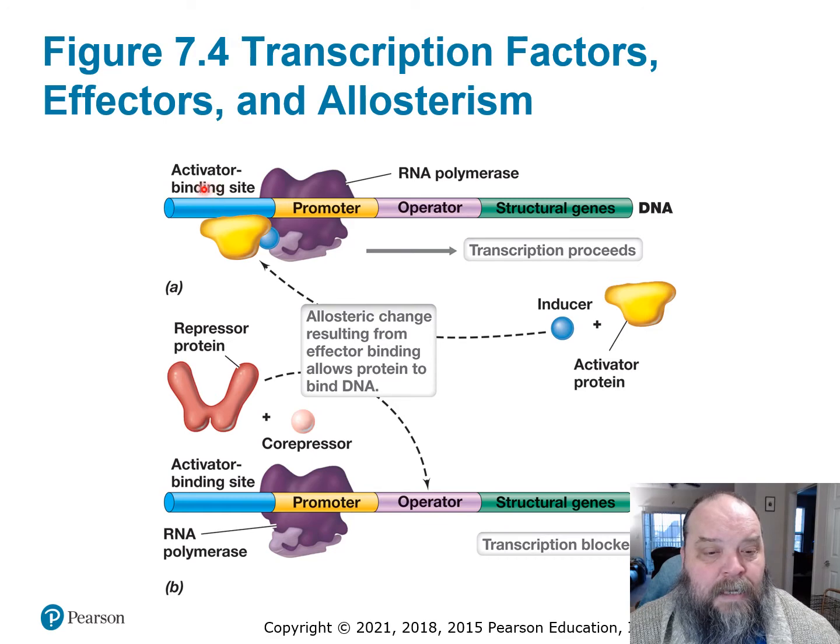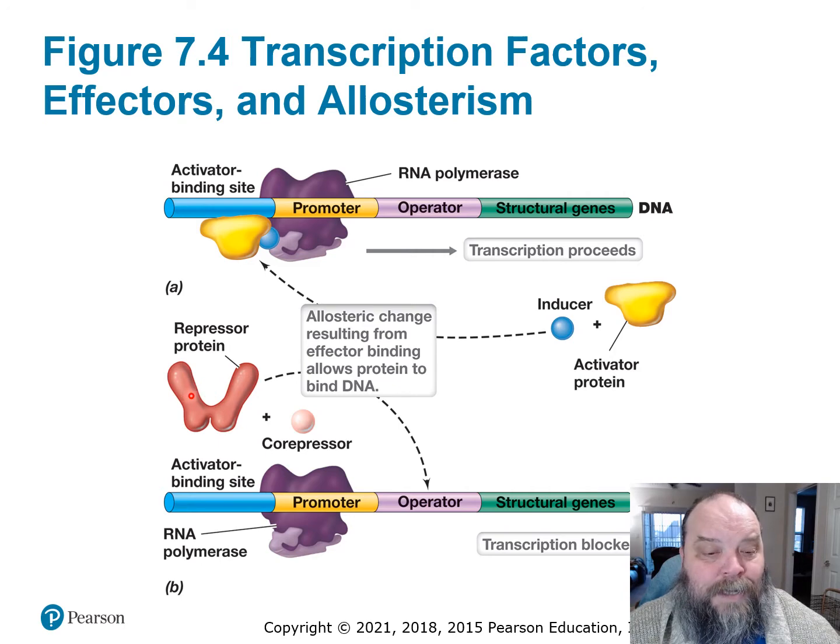The activator protein is going to bind its site here, which puts it in a place to now recruit in other factors, sigma factors, other transcription factors, which will ultimately bring in and position RNA polymerase correctly at the promoter so that it can start moving down and making messenger RNA.